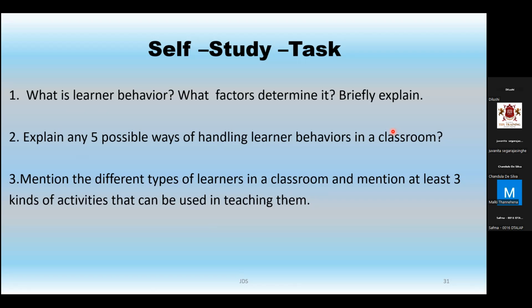Now the learner, when it comes to primary grades or small children, how will they get influenced? Either to behave positively or negatively, to gain something or to avoid something.